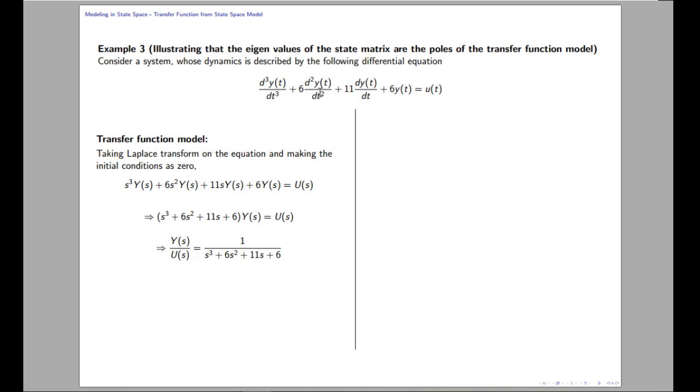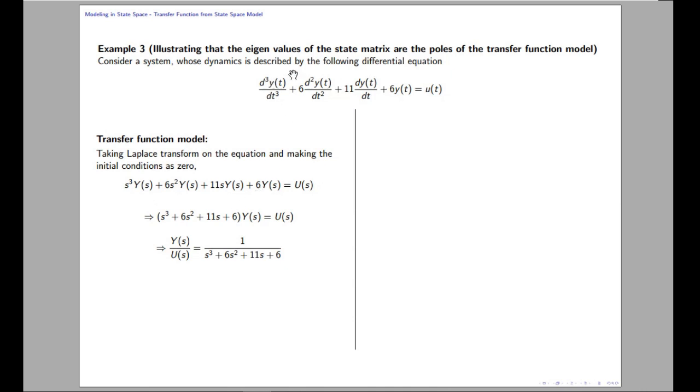Then the first order derivative term s into Y of s, and y of t will have a Laplace transform as Y of s, u of t as U of s. So now I can separate Y of s outside. Now I can write this Y of s by U of s is equal to 1 by s cube plus 6 s squared plus 11s plus 6. So I got the transfer function model for the system.